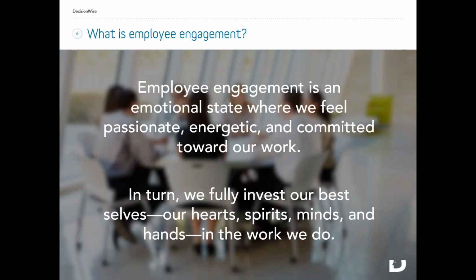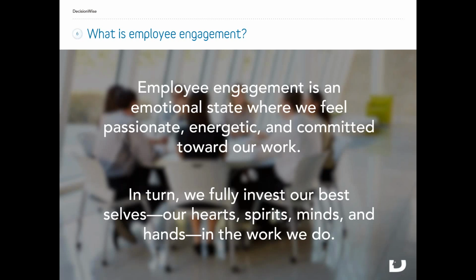So the next best practice is really helping your employees and managers understand the definition of employee engagement that you're using. So you run the survey, you probably talk a lot about employee engagement in your organization. As HR professionals, you're probably very familiar with the term and what it means. But one thing you need to do is really make sure you communicate and articulate it to your employees.